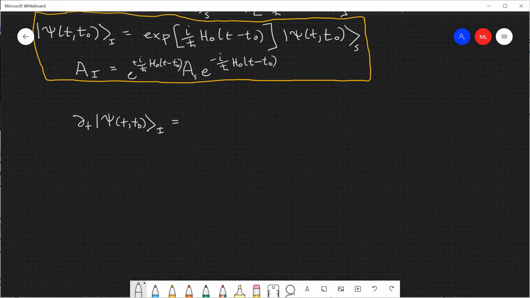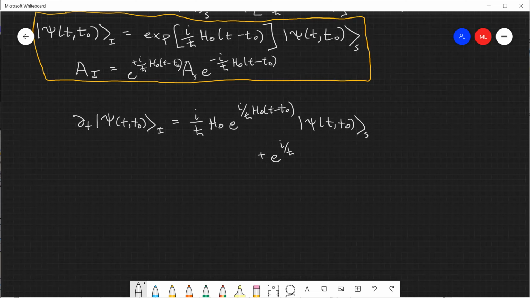So that's easy enough to do. The time derivative hits the exponential, gives us a factor of i over h bar H naught, and then we have e to the i over h bar H naught (t minus t naught), and then we have psi t naught, the Schrodinger one, and then we have the derivative hitting just the Schrodinger state.